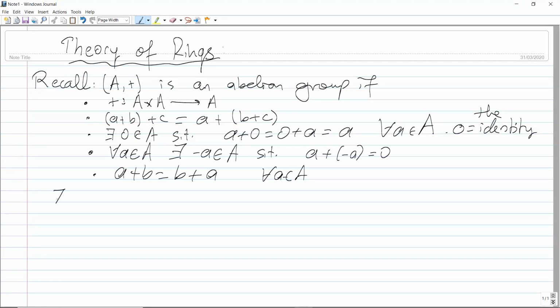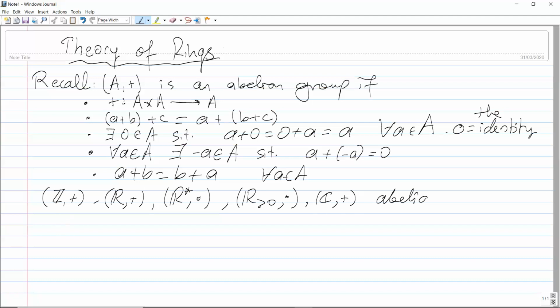For example, integers with addition, real numbers with addition, non-zero real numbers with multiplication, positive real numbers with multiplication, or complex numbers with addition are all abelian groups. So that's the reminder.